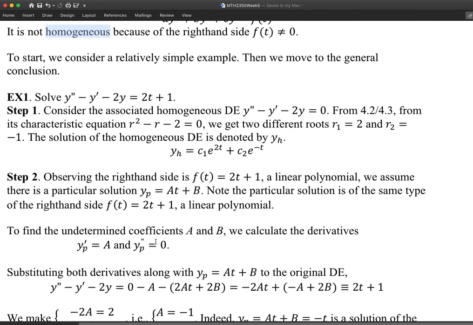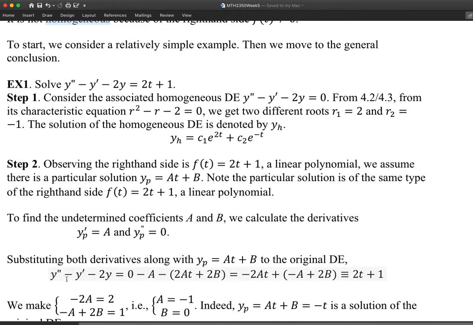Take a look at what would happen. Y double prime minus y prime minus 2y is, the double prime is 0, so I put a 0 there. Y prime is A there, minus 2y, so I distributed 2 into both terms.